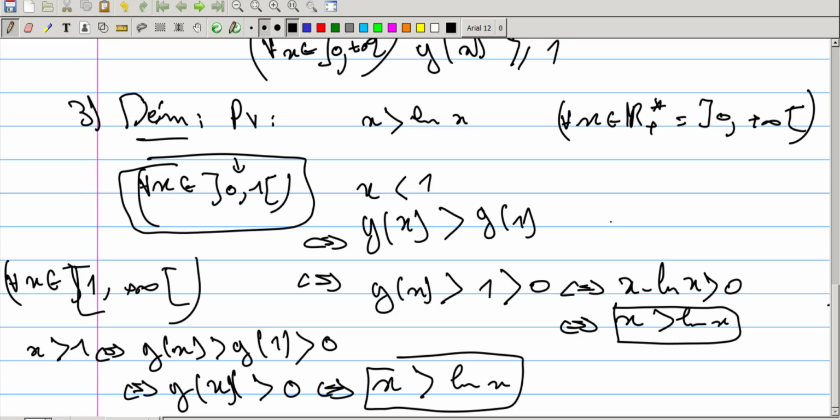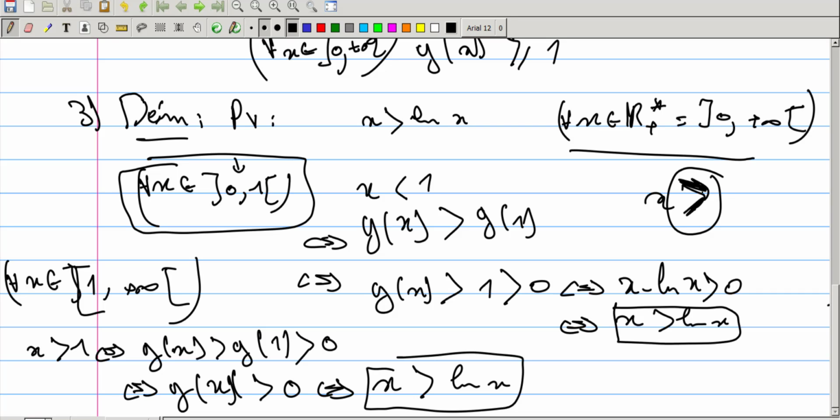So whenever we have x in this interval, we will say x is greater than or equal to, I don't know how you call this sign, but I know that this sign means greater than or equal to. So cool.